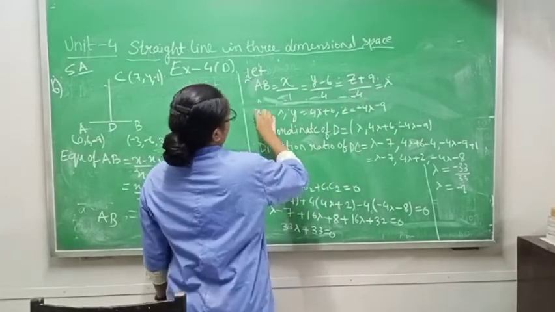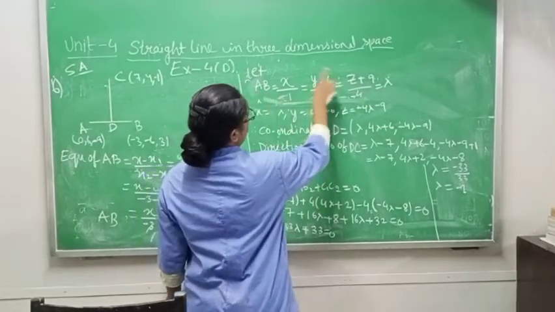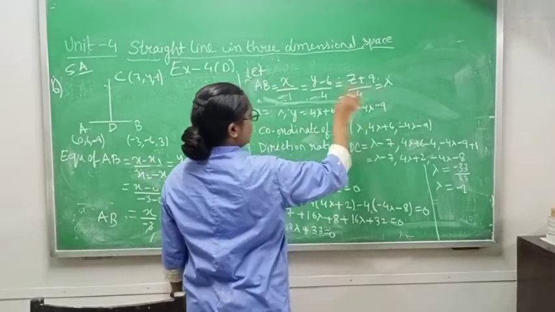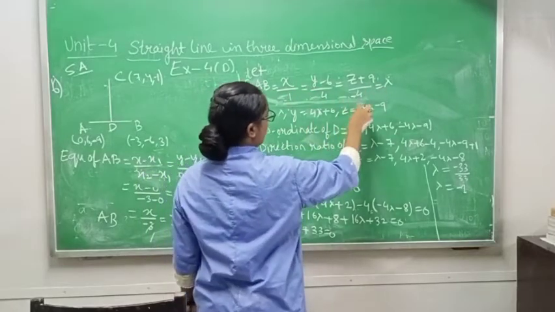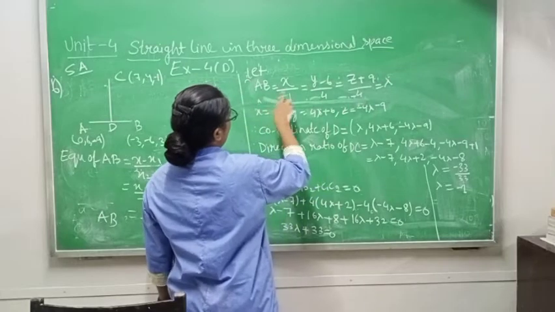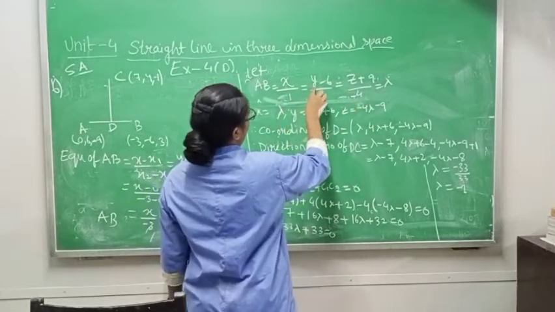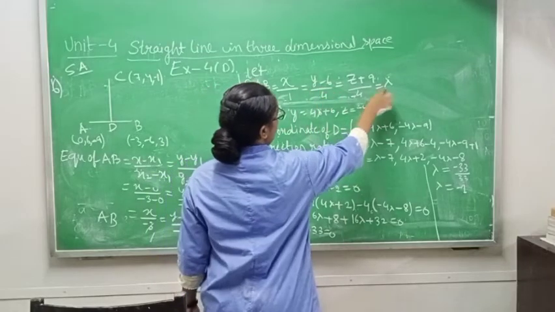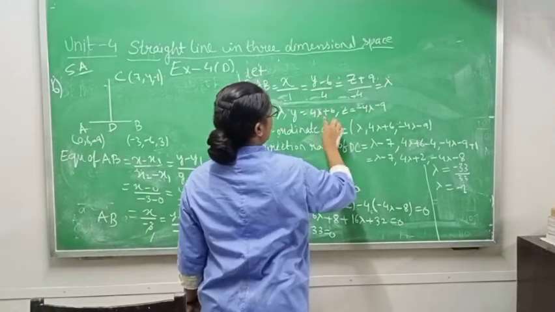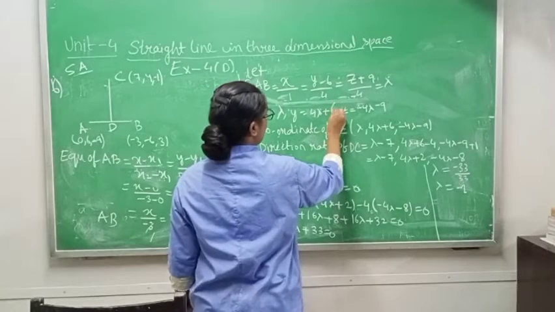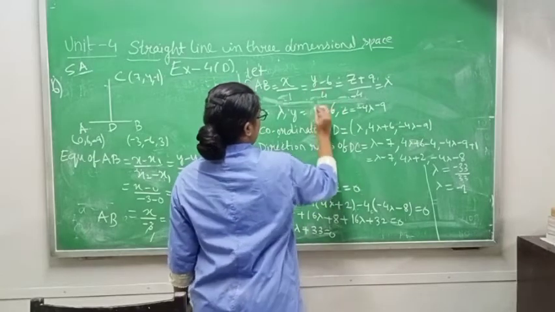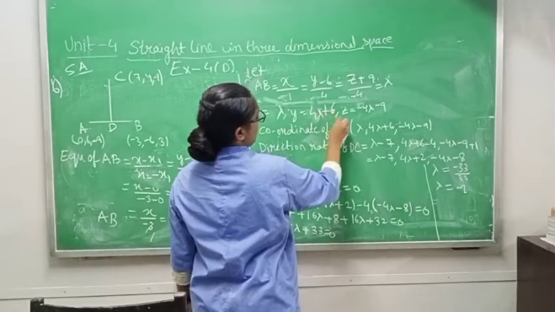So now after this, let this line AB equal lambda, like we were doing T in the last one, in this one I am taking lambda. So x equals 1 into lambda, lambda. Y minus 6 by 4 equals lambda, so y is 4 into lambda, 4 lambda, minus 6 will become plus 6, so it will come 4 lambda plus 6.